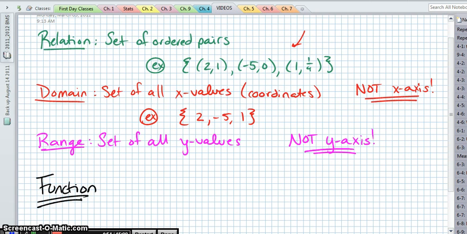Let me get down the formal definition here and then we'll talk about it. So a function is a special relation in which each number of the domain is paired with exactly one member in the range.